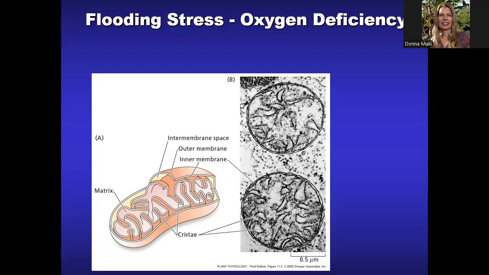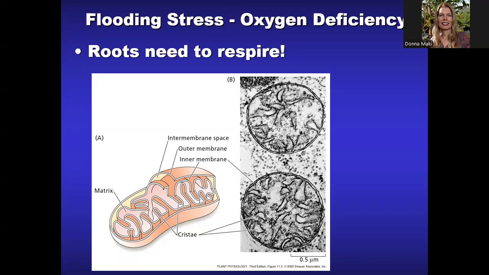So one of the huge takeaways from this idea is that if you have plants that are not aquatic plants, that's not their native habitat, they normally live in soil that has a lot of air spaces in the soil system, and you have a long flooding event, you basically are suffocating the roots. Roots are living tissue. They need oxygen in order to generate their ATP.